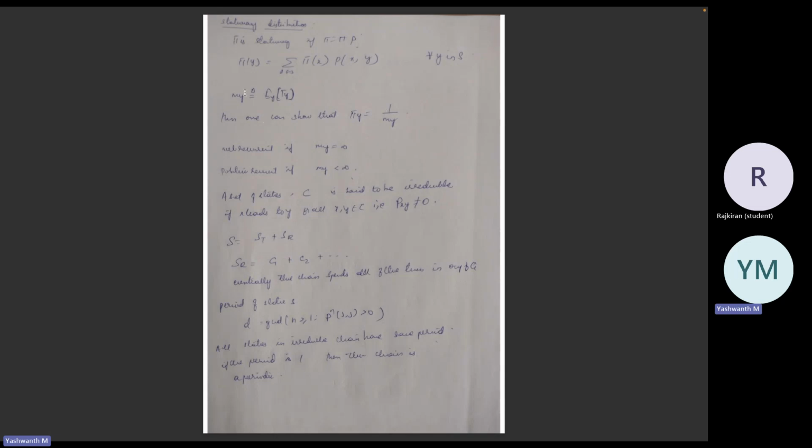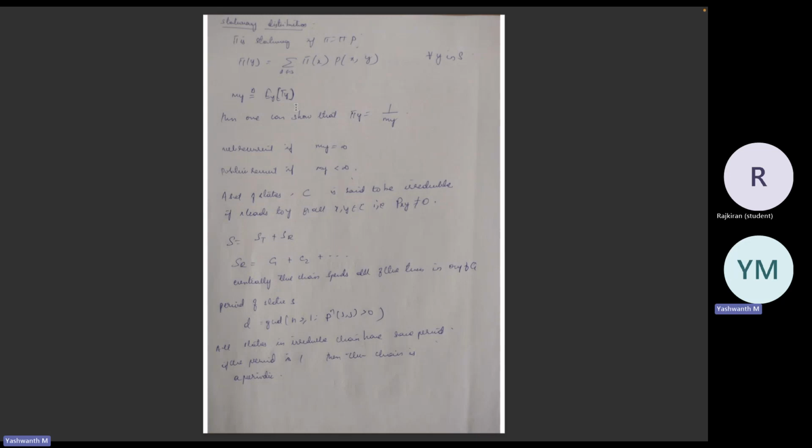So ty is the time to visit y for the first time, right? And the expectation of ty has a similar interpretation, that you just take that on average, like what time it takes to visit the state y.